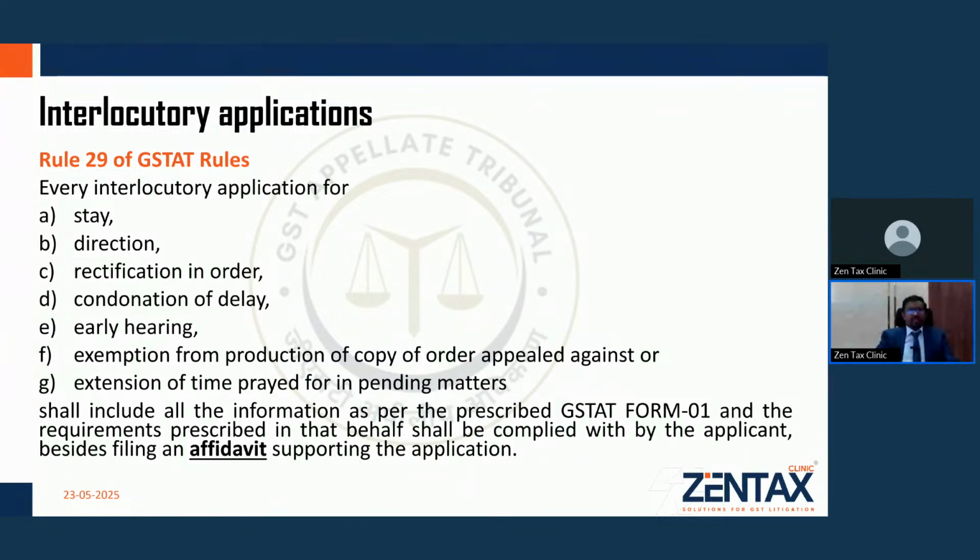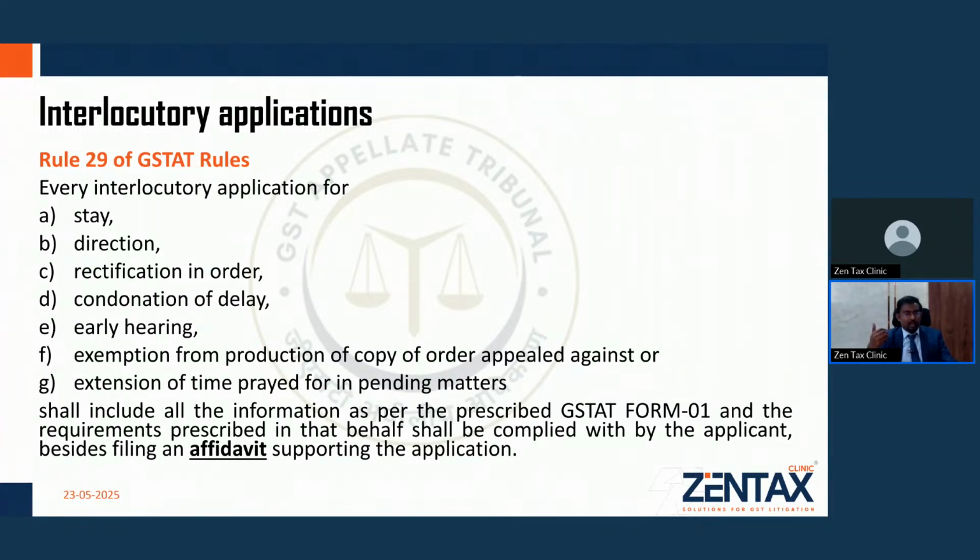This is another terminology that has to be well appreciated and understood with respect to the GST procedure rules. That is, what is an interlocutory application? An appeal petition is the main application, or the appeal is the main document, and in addition to the appeal, whatever are the supporting things, say for example a condonation of delay beyond a period of 3 months, if an appeal is going to be filed, then you would generally file what is called a condonation of delay.